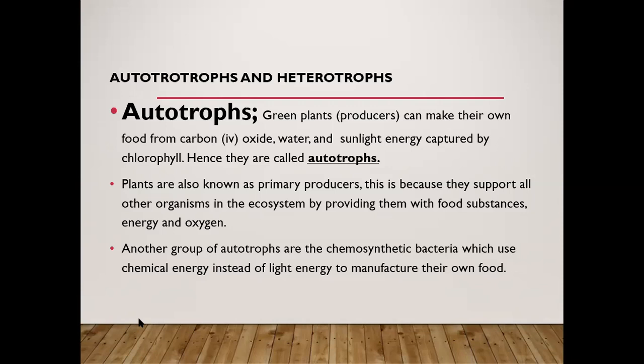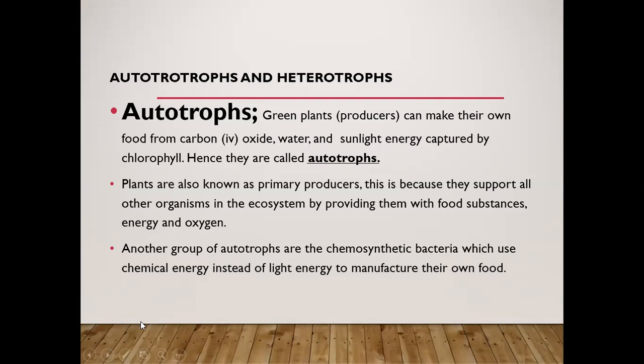Through this process, there are hair-like structures in the roots of the plant. The root of the plant is embedded in the soil. Through these hair-like structures, the water, together with the mineral salts dissolved in it, will be absorbed into the plant. So all materials needed for the plant to manufacture their food are automatically present there.